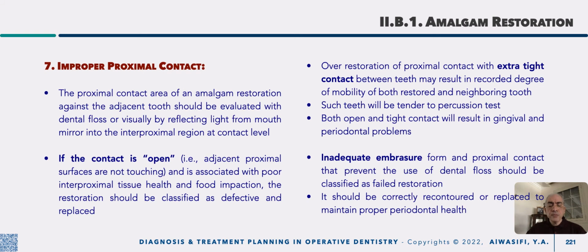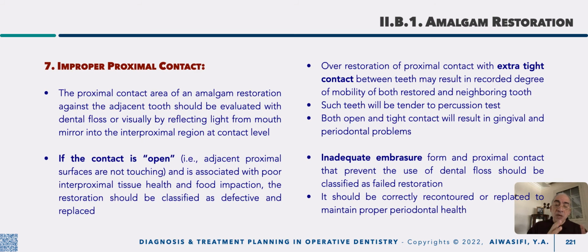Also, your patient will suffer from food stagnation, but not subgingival at the contact area itself, because he couldn't clean it, and he will report that he couldn't pass the dental floss. Not only that, the teeth will start to be tender to percussion, especially the neighboring one. You will discover that your patient suffers from tenderness not only from the restored tooth, but also from the neighboring one, because you are pressing on it for a long time.